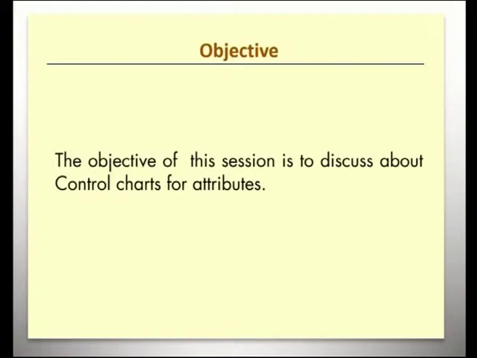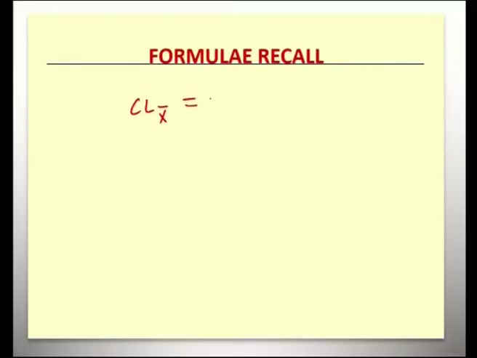A formula recall is necessary before we step into the study of control charts for attributes. So, in a nutshell, we studied the upper control limit UCL, lower control limit LCL, and central line formulas for x bar chart and r chart. For the x bar chart, whatever be the condition, whether mu and sigma are known or unknown, the central line is x bar bar, that is the grand mean.